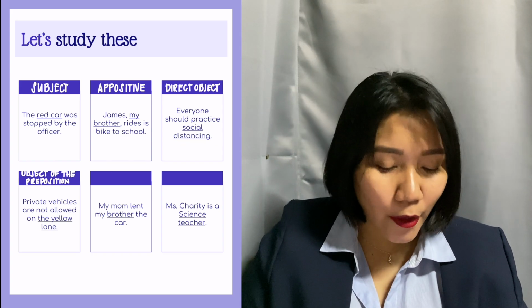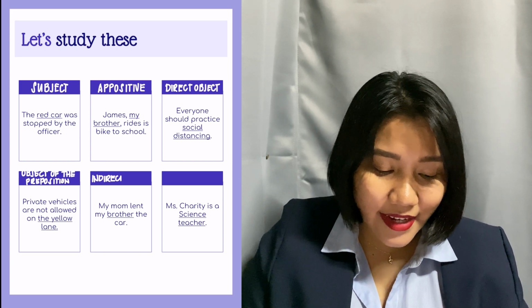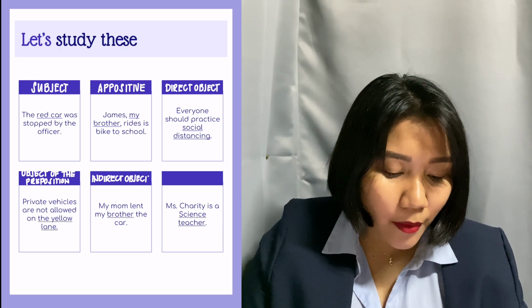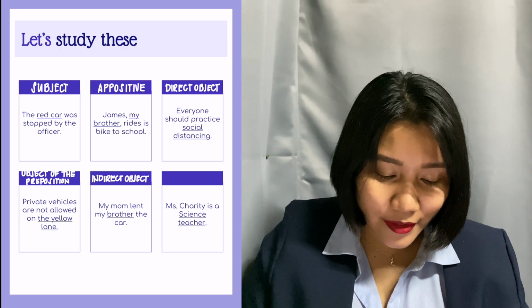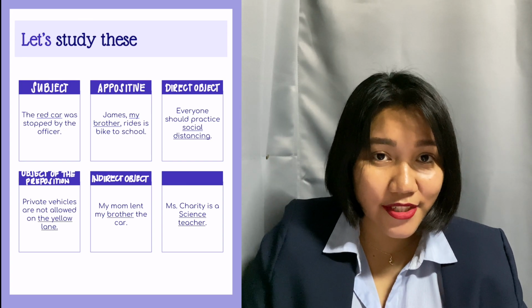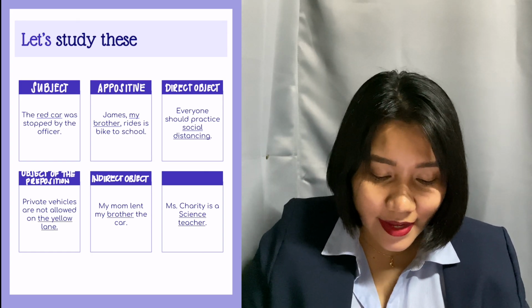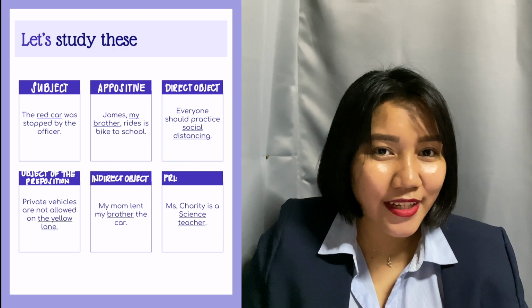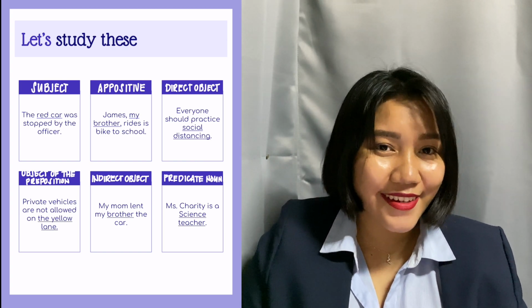The underlined noun brother functions as the indirect object in the sentence as it answers the question, my mom lent the car to whom? My brother. The last sentence: Miss Charity is a science teacher. The subject in the sentence is Miss Charity, and science teacher is our predicate noun or predicate nominative, and the linking verb in the sentence is.